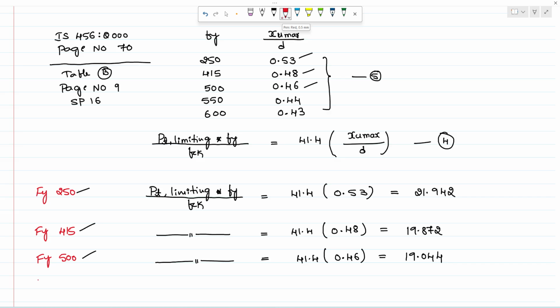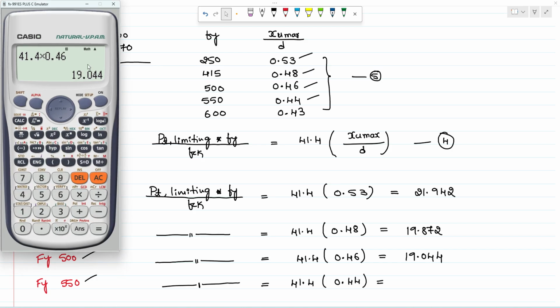Next, similarly for 550. So it will be 41.4 into, for 550 grade XU max by D value it is 0.44, so 41.4 into 0.44.